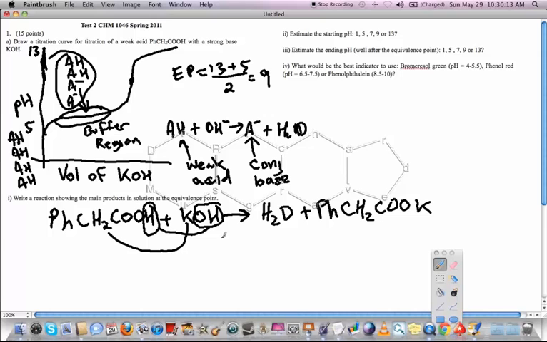So when these added together, we got the H plus combining with the OH minus. This effectively is PhCH2COO minus is what this will end up being.